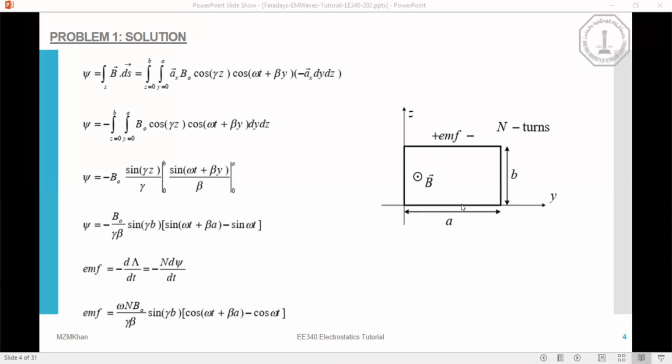Regarding the flux equation, from my experience, even with motional EMF, using flux and finding the expression using flux is okay. You would be able to do it.